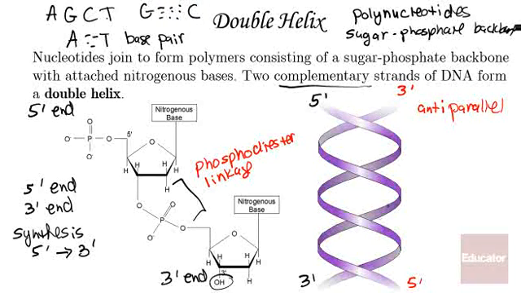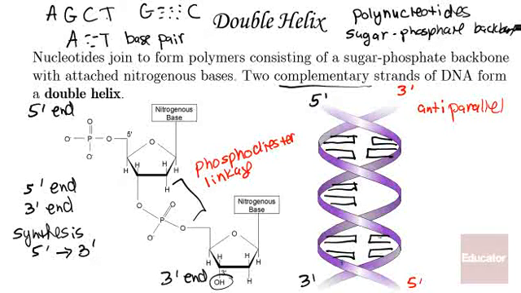Here's a sugar phosphate backbone shown with the purple. And then the nitrogenous bases, A, G, C, and T, actually stick inward towards the center, or towards the middle of this double helix. This double helix structure was actually a famous discovery by Watson and Crick in the 1950s.